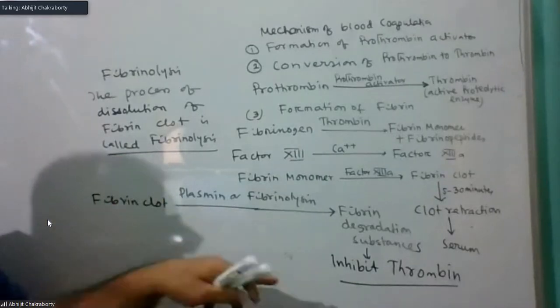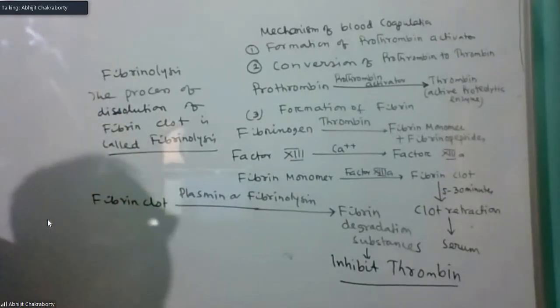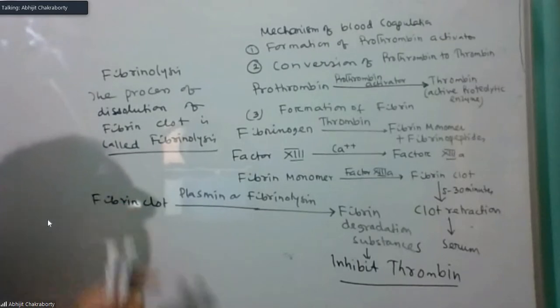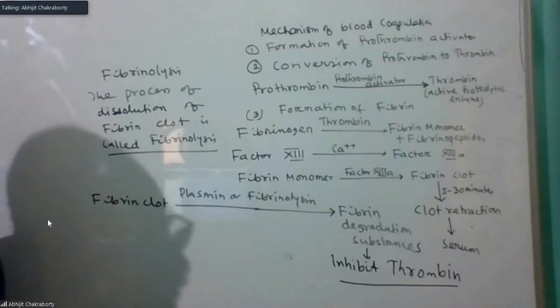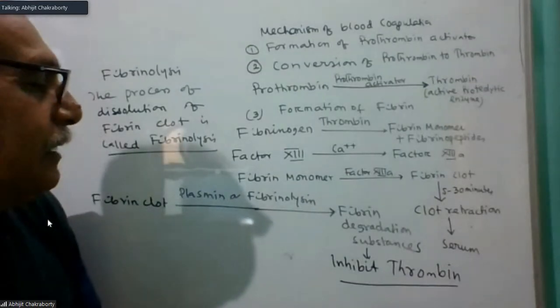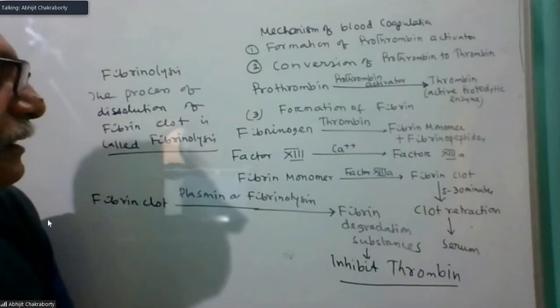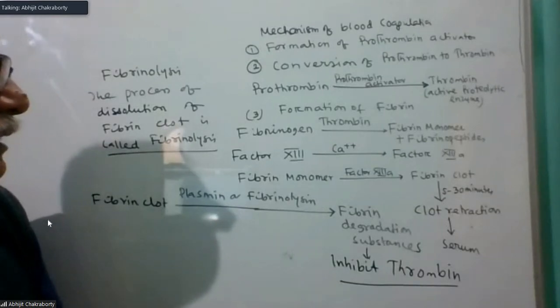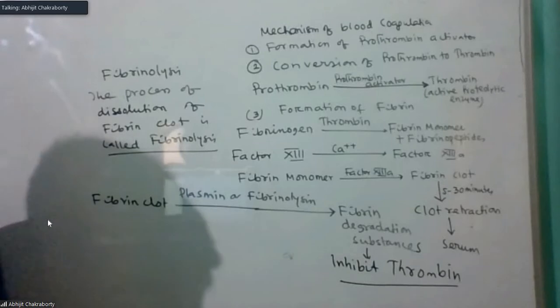So this is also a kind of feedback. Fibrinolysis is the process of dissolution of fibrin clot, carried out by the enzyme fibrinolysin, and the fibrin degradation substance in turn inhibits thrombin to maintain homeostasis.